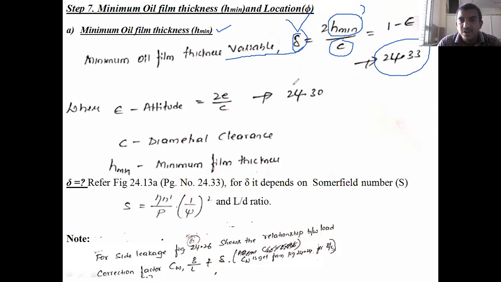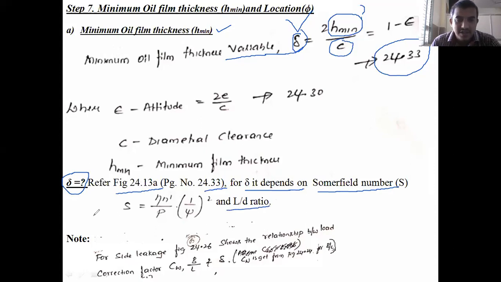How do you determine the unknown? How to determine delta? By referring to figure number 24.13a, page number 24.33. The minimum oil film thickness variable delta depends upon two parameters: one is the Sommerfeld number, another one is the L by D ratio.